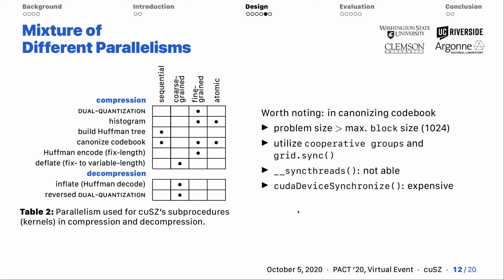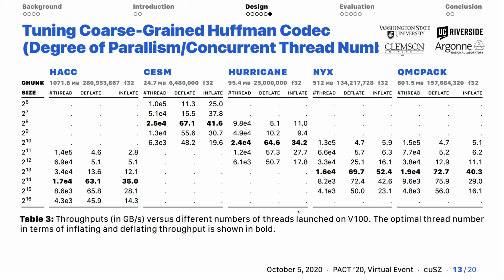And we utilize the cooperative groups API to achieve synchronization across the whole grid. So, tuning the coarse-grained Huffman codec: on V100, we found that if we set the thread number at around 20,000, we can achieve the optimum throughput.